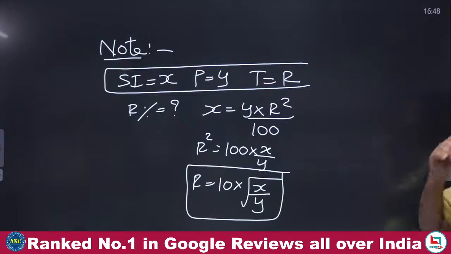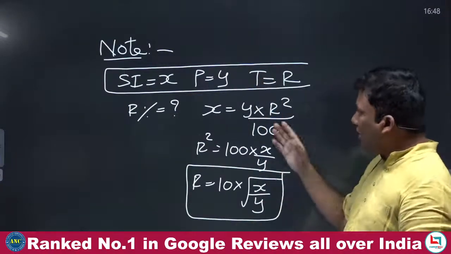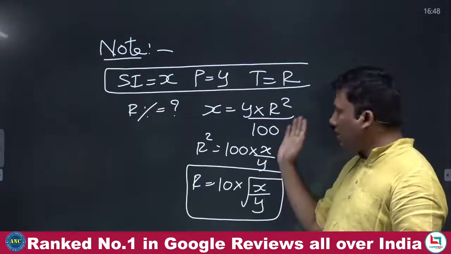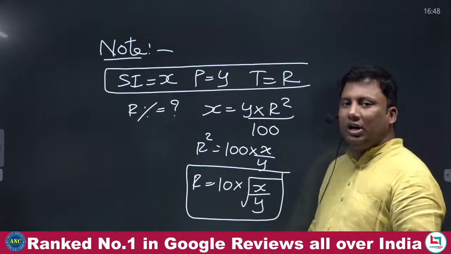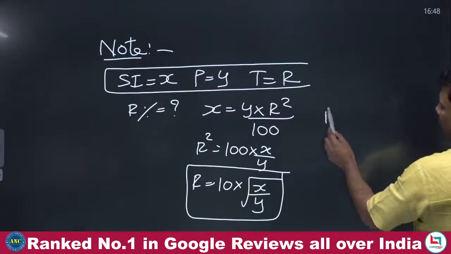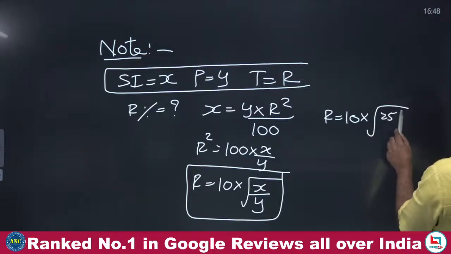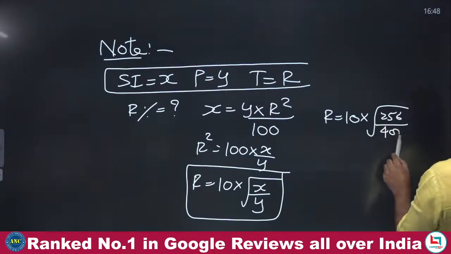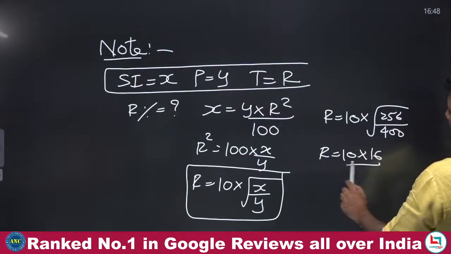Please make a note of it. Simple interest is X, principal is Y. X equals Y into R square by 100. R square will be 100 into X by Y, so R is equivalent to 10 into root of X by Y. So in the previous question, R is equivalent to 10 into root of 256 by 400, which is 10 into 16 by 20.